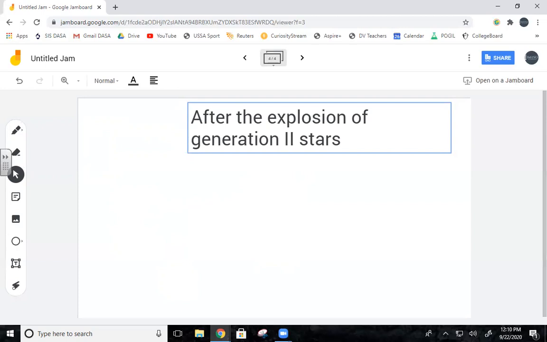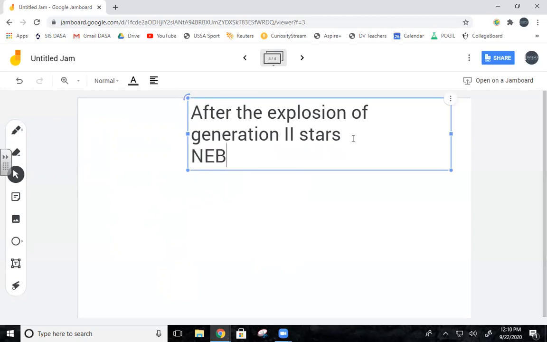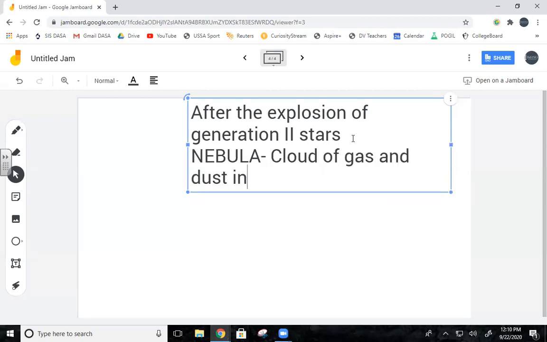So after the explosion of generation 2 stars, we are left with a nebula. This is an important term for you to understand. It is a cloud of gas and dust in space.